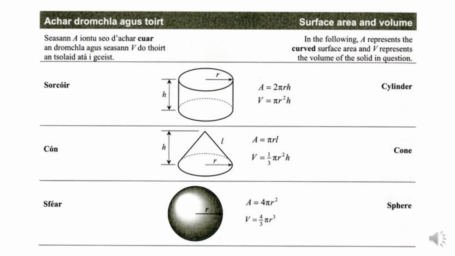You'll be going to this page in your formula books, which you'll get really familiar with. You look for the shape in question. We're looking at spheres, so make sure you have sphere and not a circle or disc. And we're looking for volume, so choose V for volume. And we'll copy that onto our question.